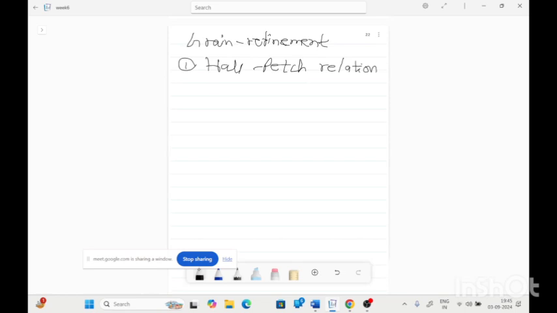So the Hall-Petch relation says the yield strength is equal to sigma naught plus k by square root of d.